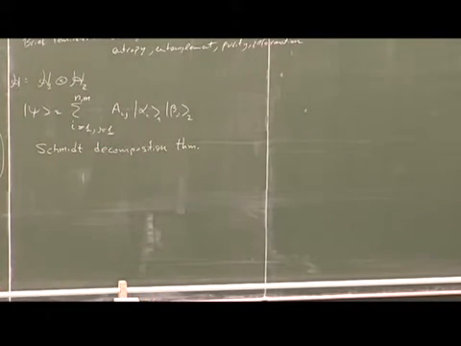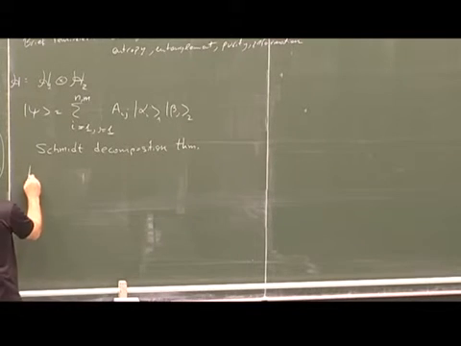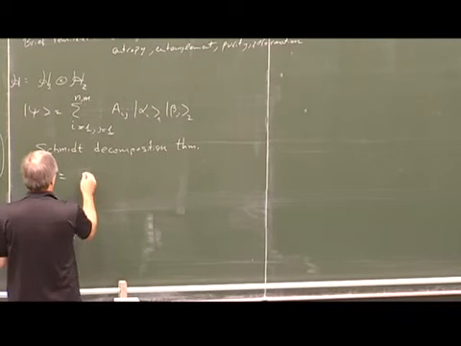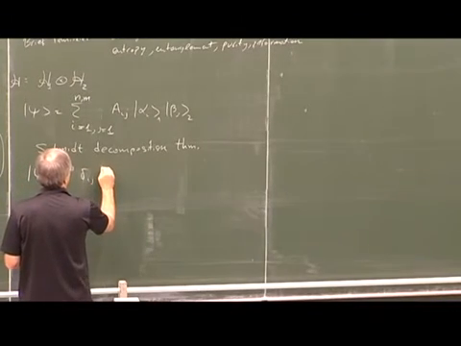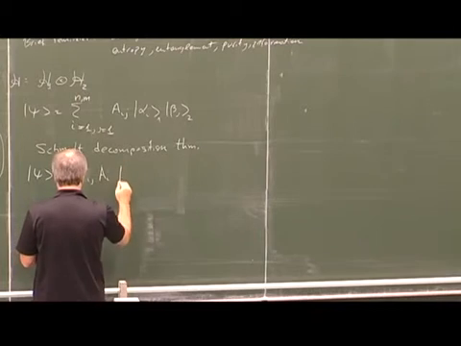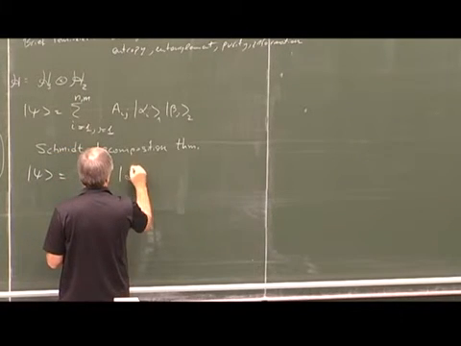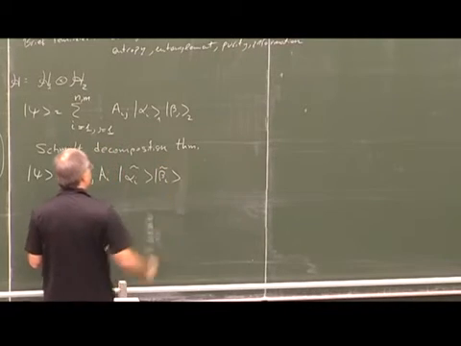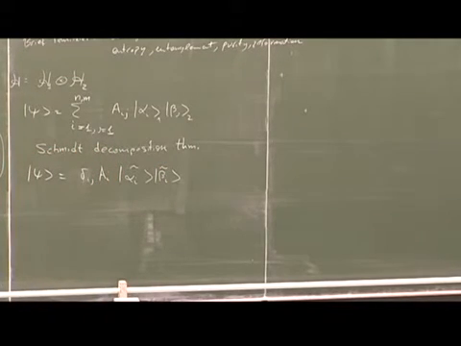I will not do it. You can look at Wikipedia, which is good enough for the explanation of this. And we find that we can bring the state into a much simpler form, like so. Right? So we can turn the sum into a single term.